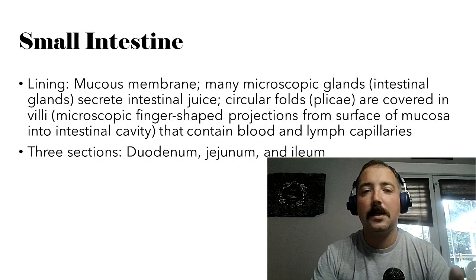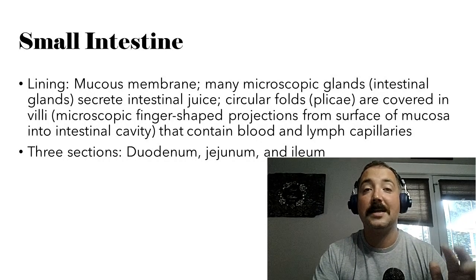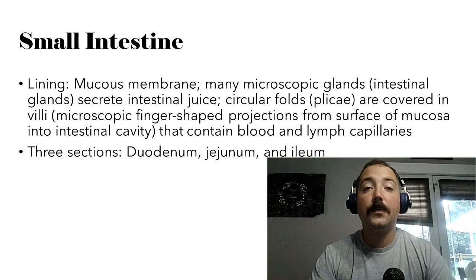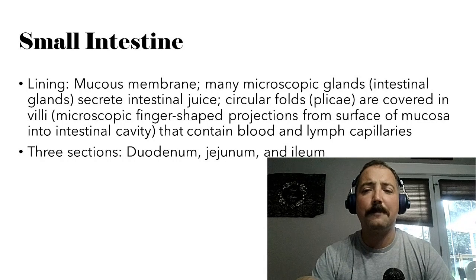It's got a mucosa, a submucosa, a muscularis, and a serosa. The mucosa of the small intestine is lined with microvilli, tiny finger-like projections that enhance nutrient absorption. The majority of the nutrient absorption from the consumed food takes place in the small intestine. Apart from the duodenum, there are two other parts of small intestine, called the jejunum and the ileum.